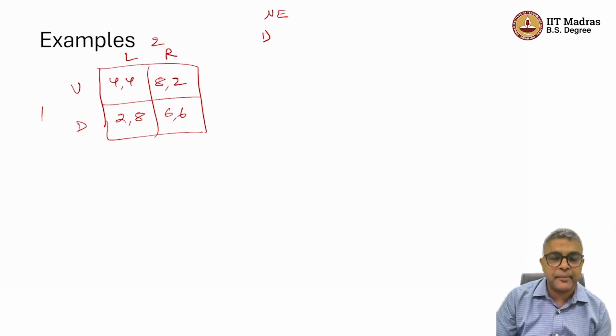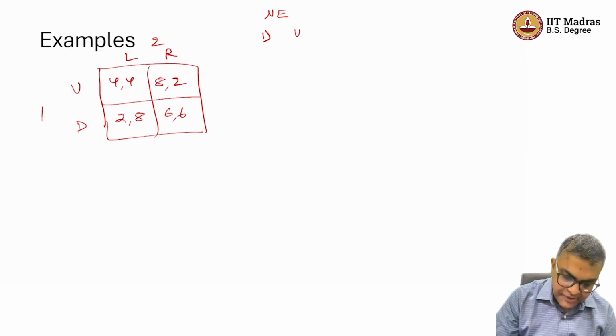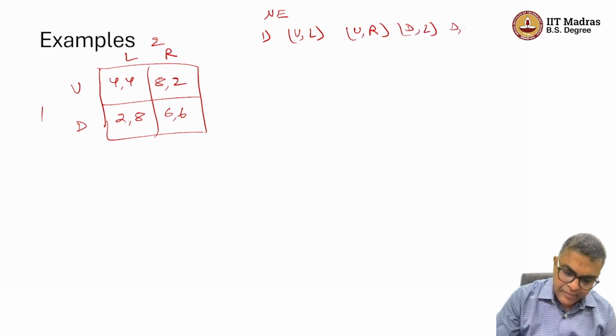If they can become better off by deviating, any one of them, then the proposed action profile or strategy profile is not Nash equilibrium. That's one way. So let us do that. There are four possibilities. We should check for all: U comma L, U comma R, D comma L, and D comma R.